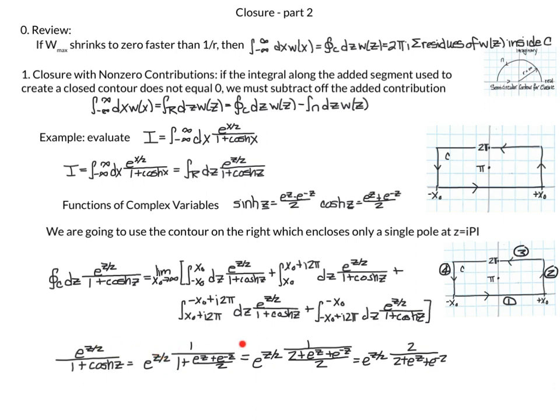Then I get 1 over 1 plus, and for cosh z, I write e to the z plus e to the minus z over 2. I make this one a 2 over 2 so I can do my addition. And then finally, I put this 2 on the numerator, so I have e to the z over 2, 2 divided by 2 plus e to the z plus e to the minus z.